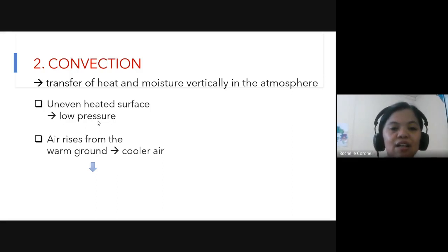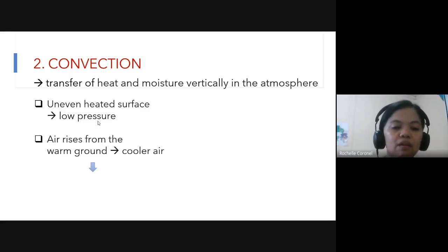So you have conduction there, and an uneven heated surface, so low pressure develops. Where you have a hot surface, the surrounding area has higher pressure, and there is low pressure over the hot surface. And that low pressure will cause the rising movement of air.